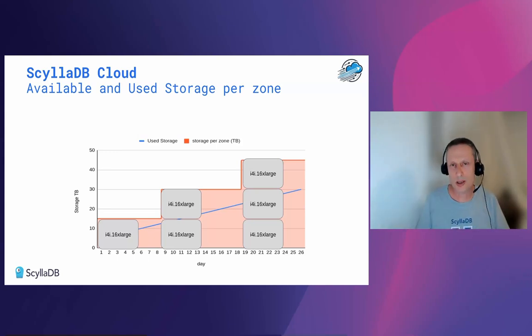With a standard Scylla Cloud cluster, you could only add another node of the same type. So you add another i4i.16xlarge and then another one. Again, this works fine, but it's very wasteful because there is a long period of time in which you have extra storage that you don't actually need. Because the granularity is quite big, you are paying in advance for something you don't actually use.